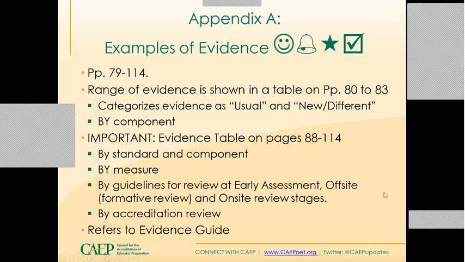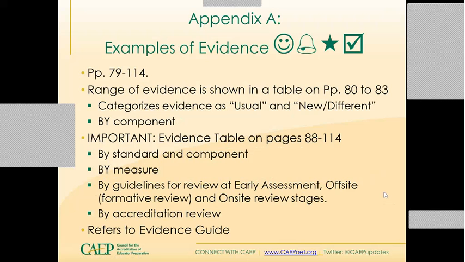Let's put bells and whistles on this particular slide because it deals with Appendix A. And Appendix A provides examples of evidence. As you can see, it goes from pages 79 to 114. And there are two separate pieces here that I'd like to point out and draw your attention to.